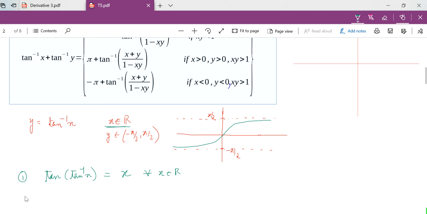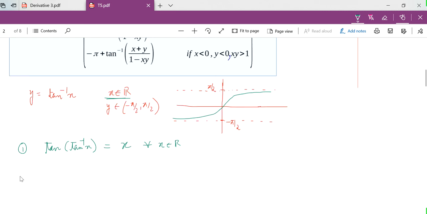Is the other way also true? The answer is no. It's slightly more than what we want, because if I do tan inverse of tan of x, now again x should be in the domain of tan. Which domain? The domain in which you defined the inverse function of tan.